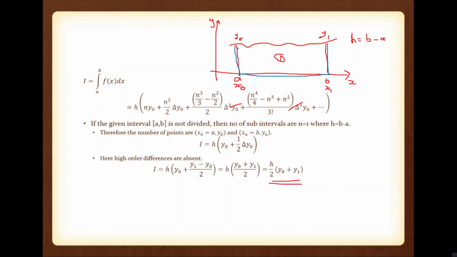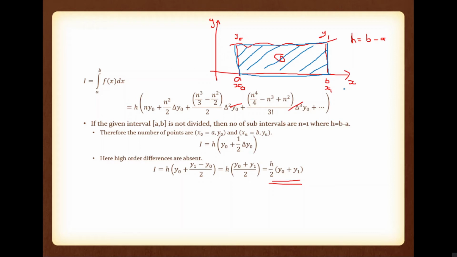This h by 2 into y0 plus y1 is nothing but the equation of the area of a trapezoid. So this rule is known as the trapezoidal rule. Is it clear, all of you?